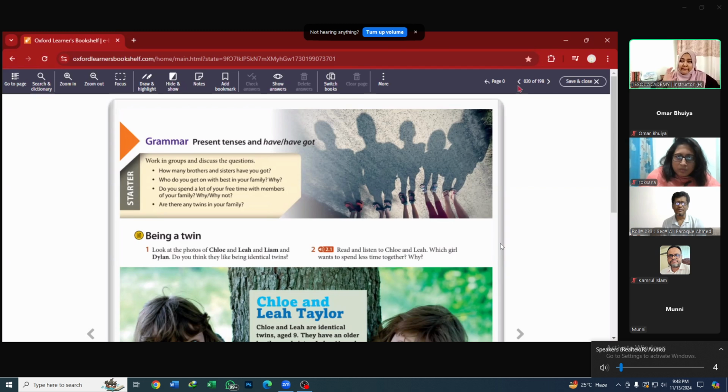We all have a mindset that twins are always very eager to stick together and always like to stay close, right? But we will also see that this is not the case for all twins.